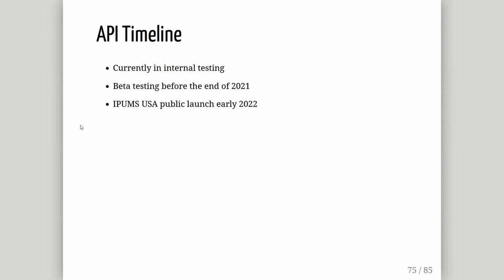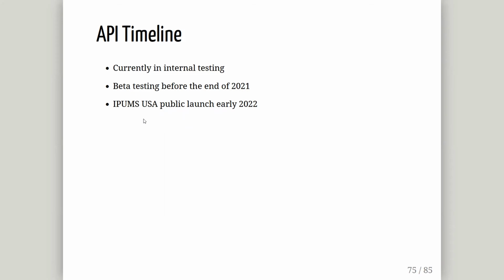That's not happening yet, but we'll certainly add you to the list and let you know when we are doing that. And then IPUMS USA is going to have a public launch for the API in the early months of next year. We are doing it one project at a time, one data collection at a time, so that we can test it for each data project.